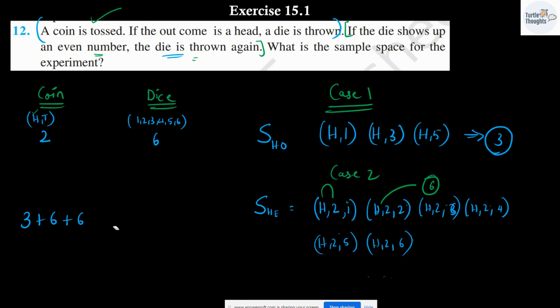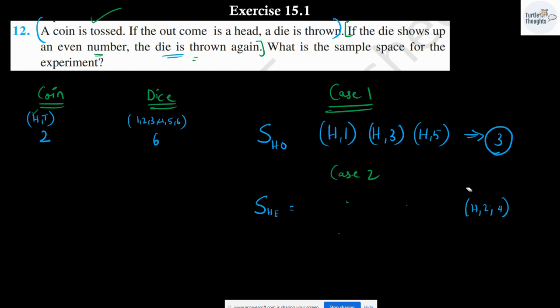Instead of adding, because you have to write everything, you can write it this way. Since both are dependent events, I can use multiplication over here. I have 3 as the sample space.